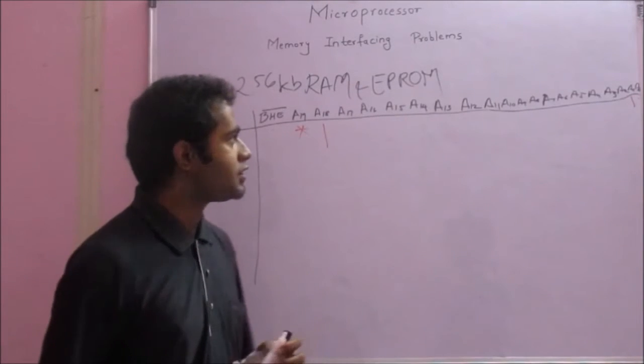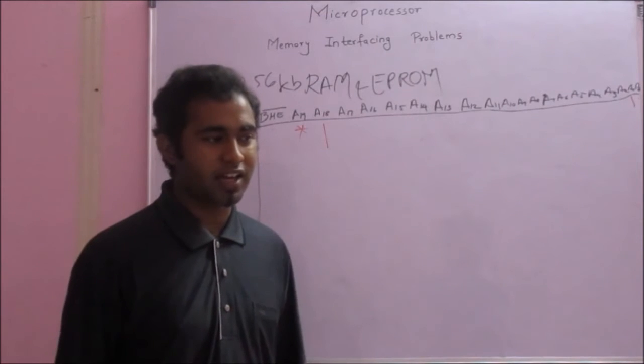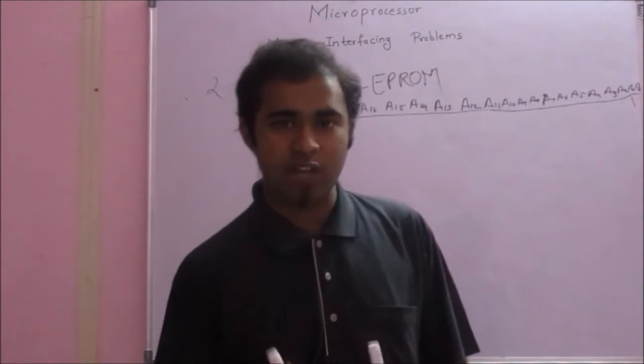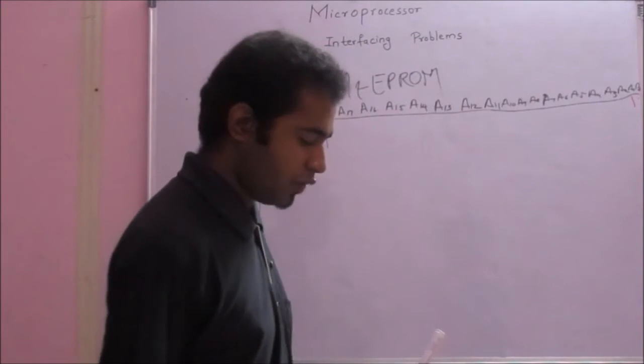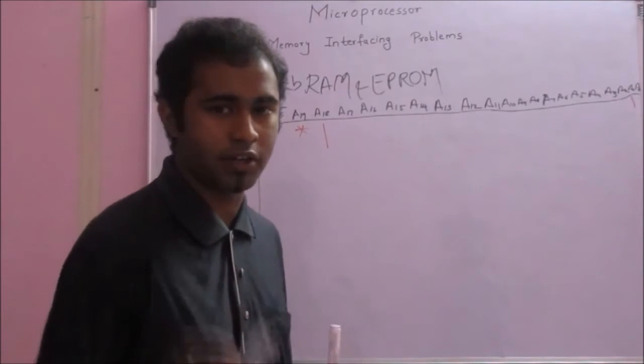Now we will see how to go on with this approach. If it is still not clear for 256 KB, I will explain this concept again with 64 KB. For 64 KB, it means 16 address lines, that is 2 raised to 16 is 64 kilos.